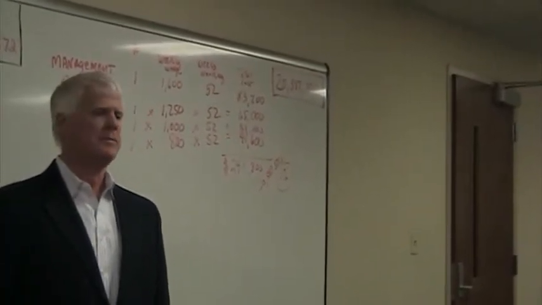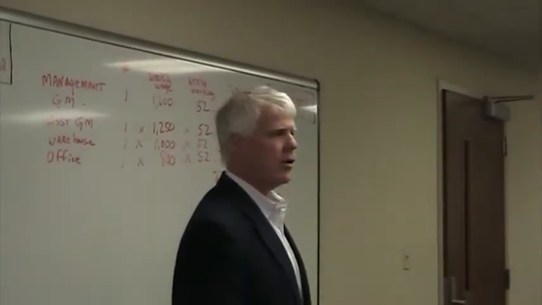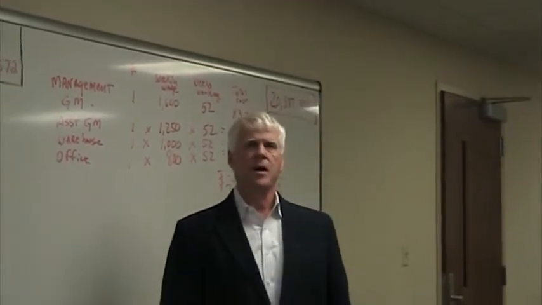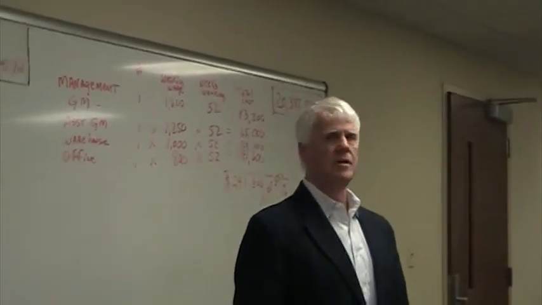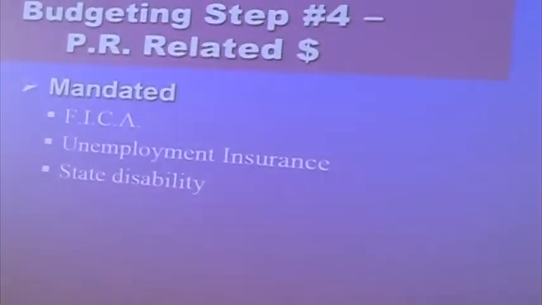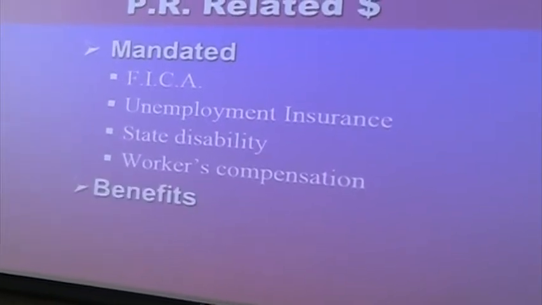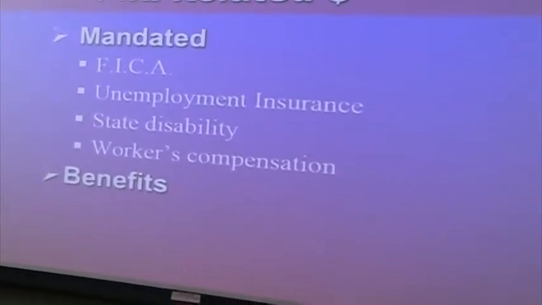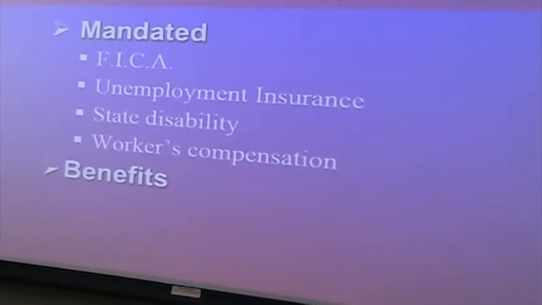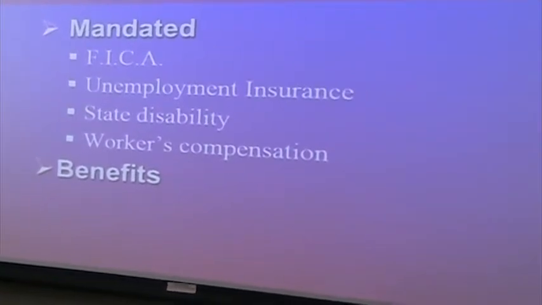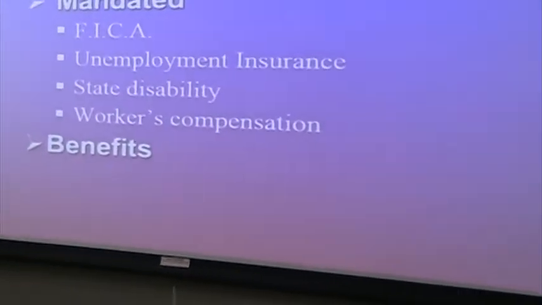They're mandated expenses like FICA, federal income tax, unemployment insurance, state disability, workers' compensation insurance. Could include benefits, like a contribution to your health insurance, a contribution to your 401k.